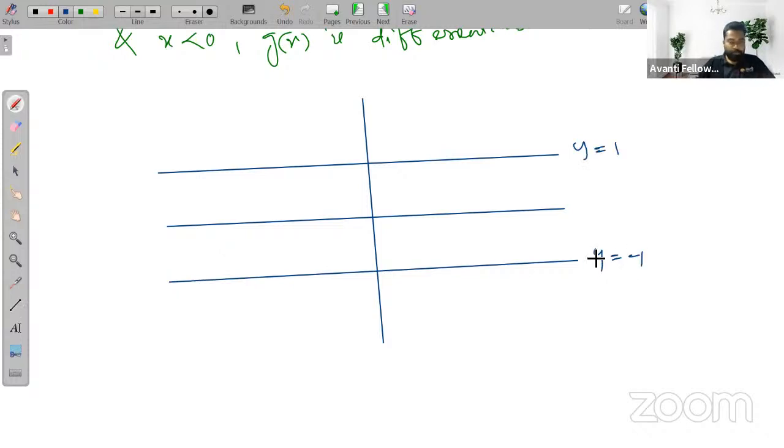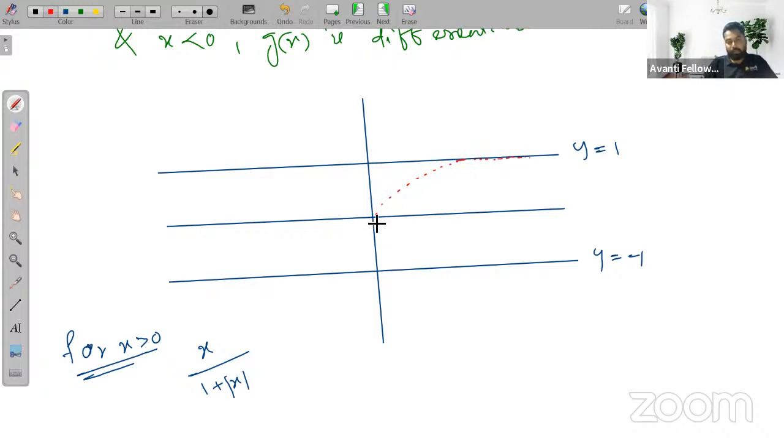So when x is greater than 0, it will be increasing. Yes or no? For x greater than 0, this function x upon 1 plus mod x will be increasing or not? Yes or no? Right? But when x is less than 0, it will be decreasing. The graph of the function will be like this, and the maximum value is 1.